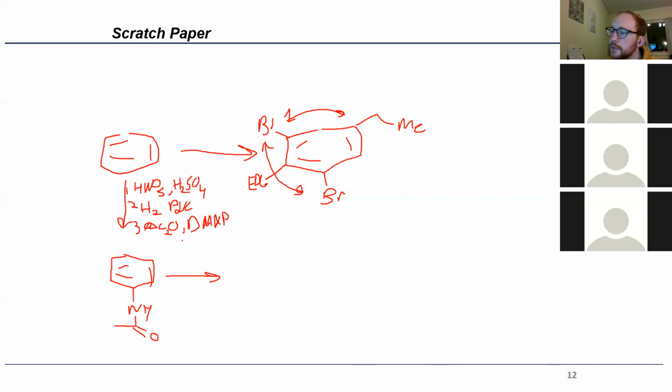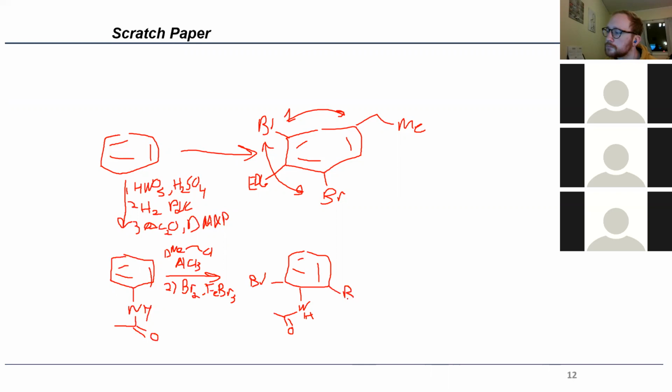And so I can do first a Friedel-Crafts alkylation, and then a bromination reaction twice. Okay, and so that puts in all those groups.